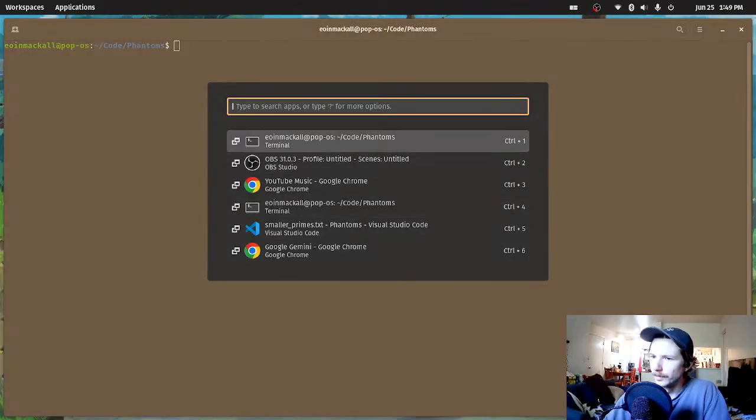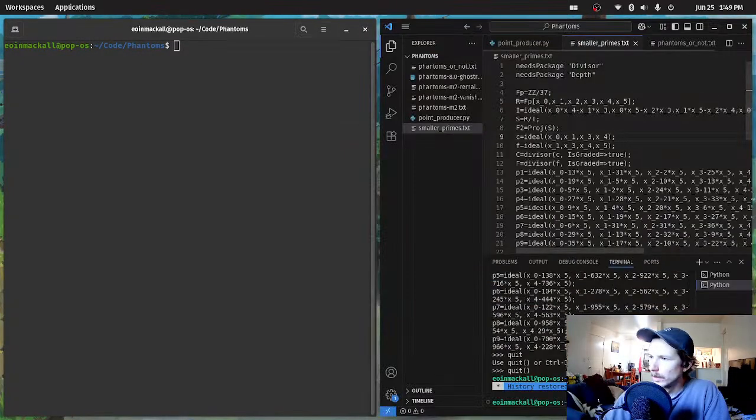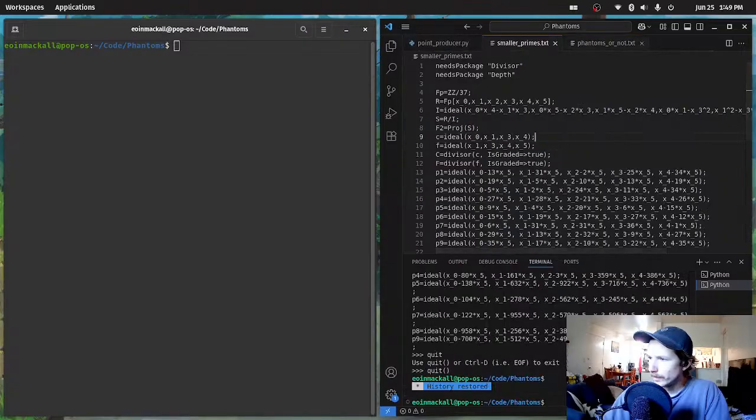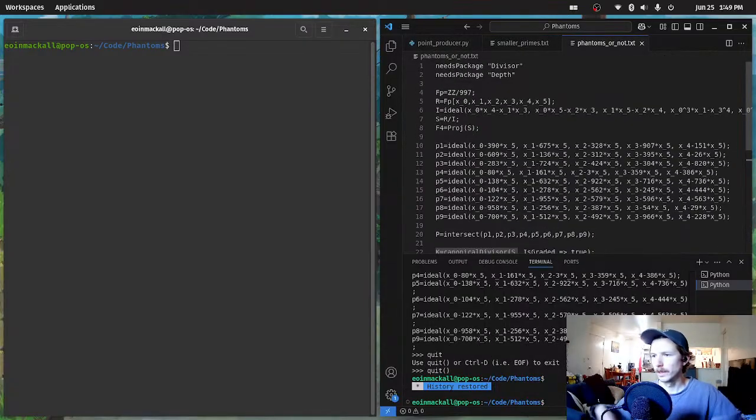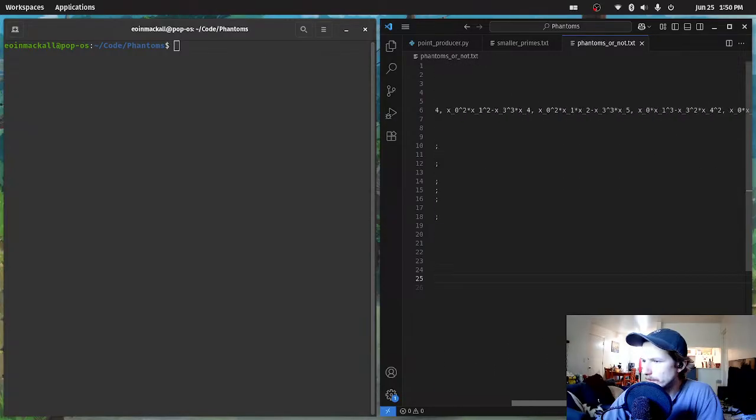And what we want to do right now is twofold. What we're trying to find out is if some similar computations will work for other Hirzebruch surfaces.